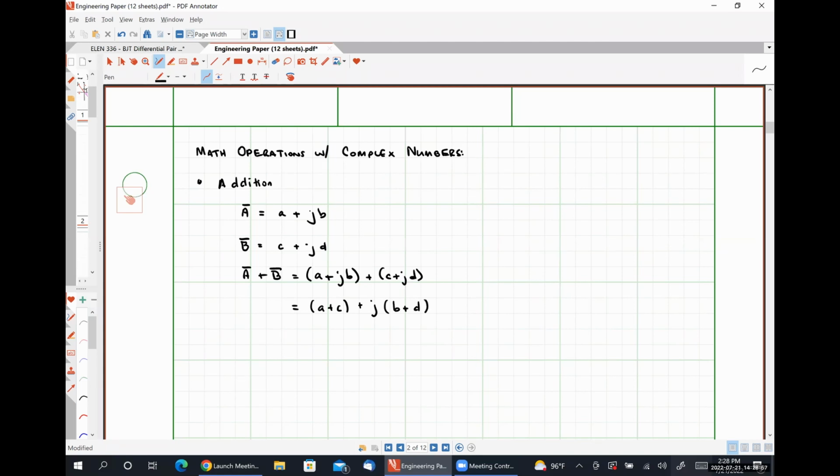So addition works just like adding together two-dimensional vectors did in your physics class. We add the real components together, we add the imaginary components together, and we form our resultant 2D vector. So addition is pretty straightforward.